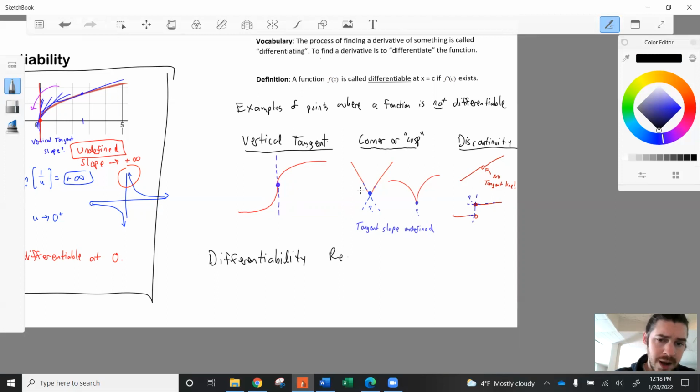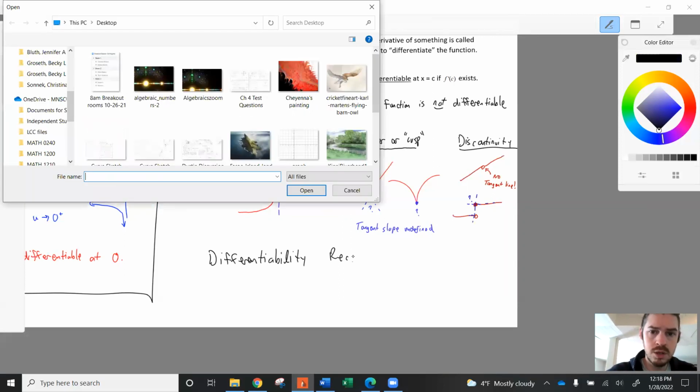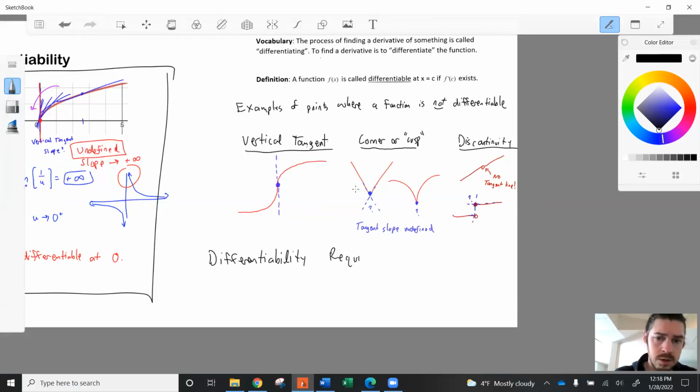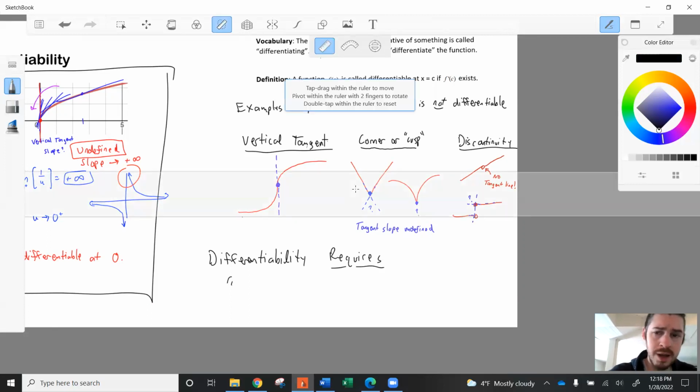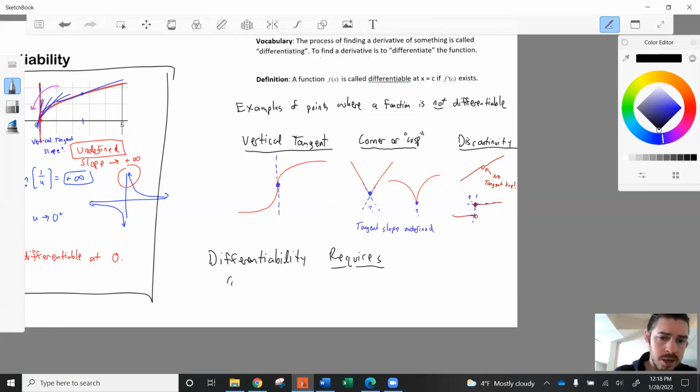Differentiability requires several things. One, continuity. You can't be differentiable unless you're also continuous at the point. Okay, so continuity is like a prerequisite for differentiability, but it's not sufficient because just being continuous isn't enough.